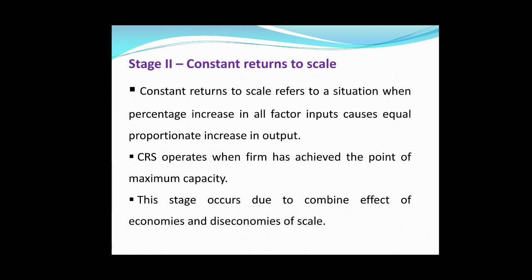And here, in the case of constant returns to scale, the economies of scale are exactly equal to the diseconomies of scale, and thus economies of scale are balanced by diseconomies of scale and hence no effect on average cost. That is, average cost remains constant or remains the same in this stage.